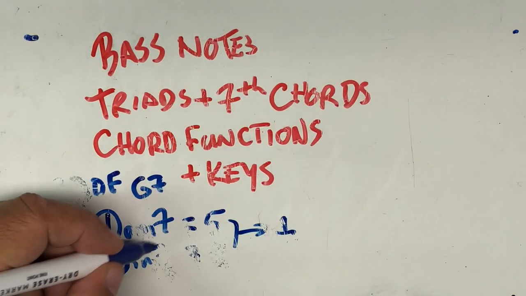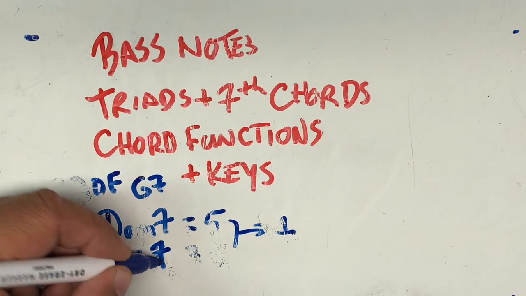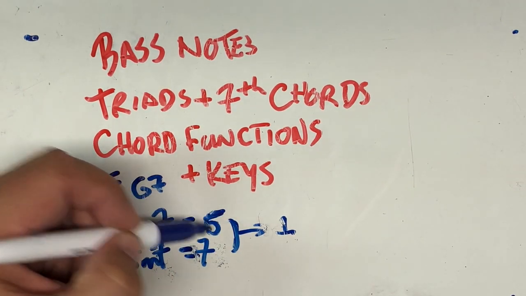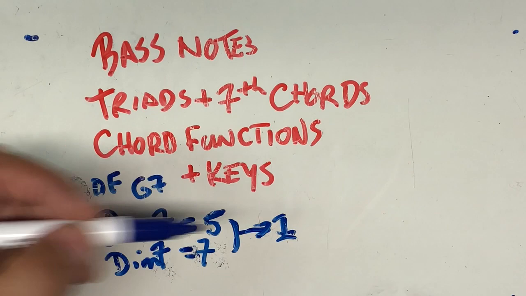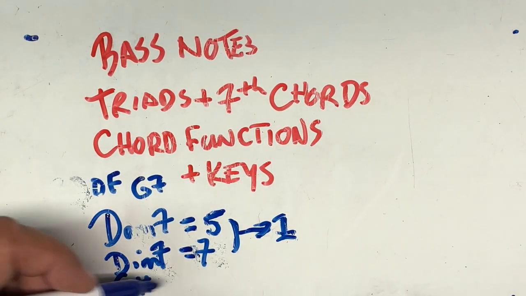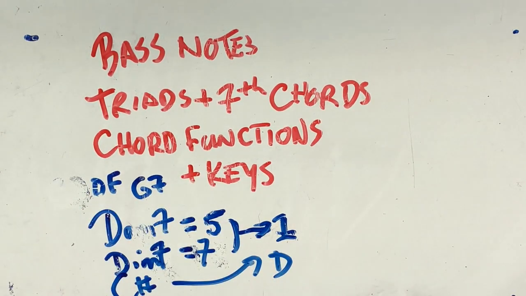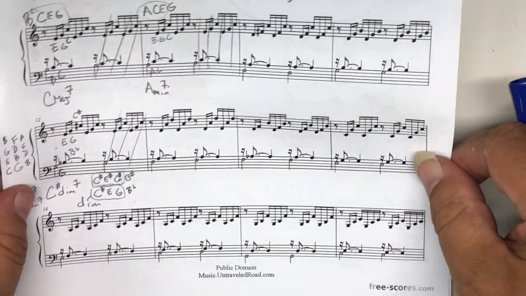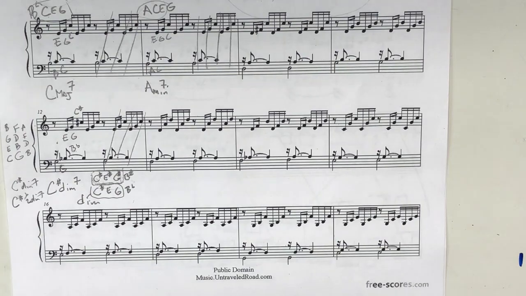Because diminished 7 chords are 7s, and they like to take you, just like the 5 does, to the 1. And so if C sharp is my 7, D will be my 1. So there are patterns that you learn to find.